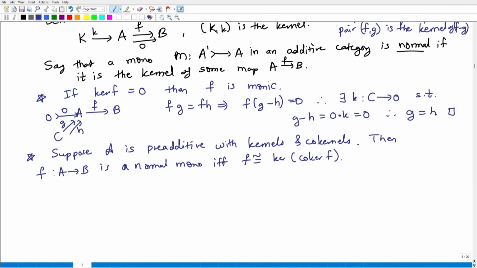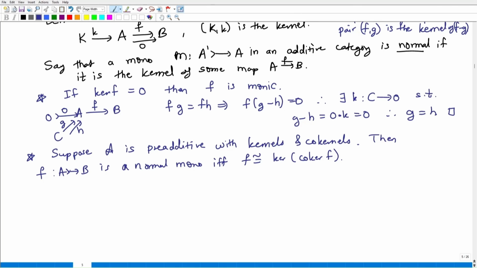Now here I am using isomorphism for two morphisms. F is a morphism, it's a mono with target B, and the kernel of the co-kernel of F is also another mono. So when I am talking about this isomorphism, what do I really mean?